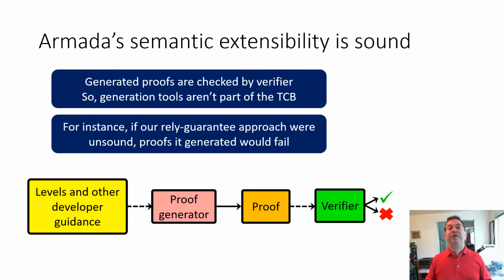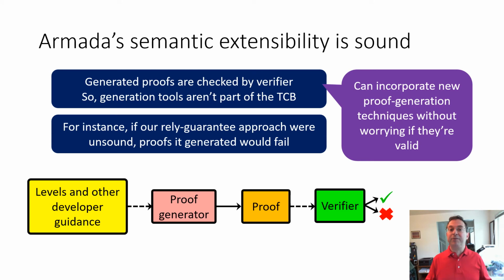For instance, if our rely-guarantee proof generator, which is a fairly complex piece of code, were incorrect, well, then we would produce bogus proofs and we wouldn't accept incorrect results. This is what gives us the freedom to incorporate new techniques without worrying if those techniques are valid or if our implementation of those techniques are correct.